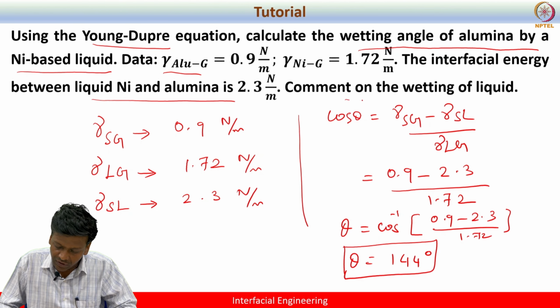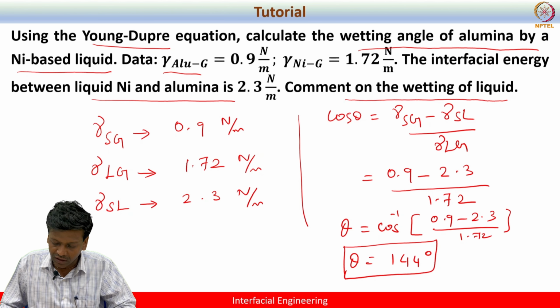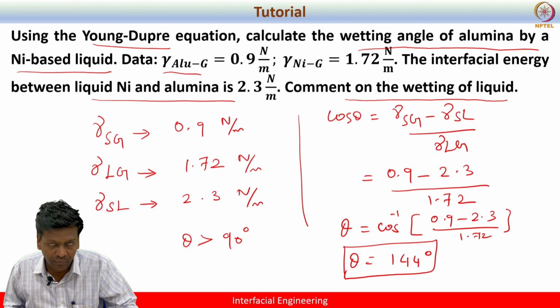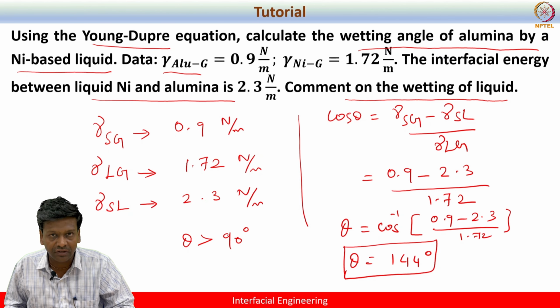Comment on the wetting of the liquid: you can say that because theta is greater than 90 degrees, it is hydrophobic. In fact, theta is very high, so it is almost like a superhydrophobic surface. You can comment that the liquid will not wet the surface so easily. So we can stop here. We can continue from the next lecture. Thank you.